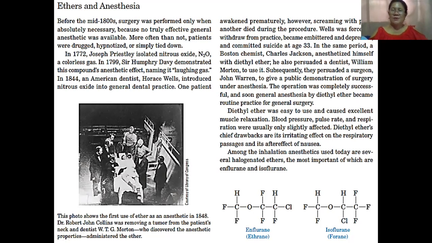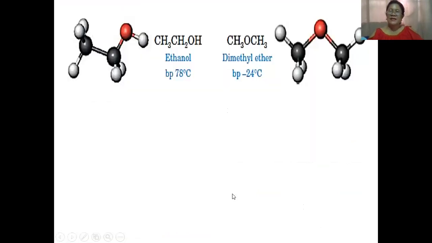So now there are inhalation anesthetics, which you simply inhale. These are now your important halogenated ethers. Here are two examples: ethanol, and this is an ether.